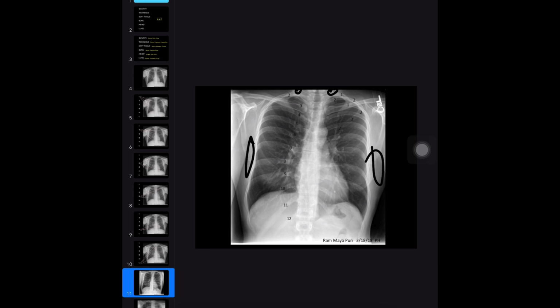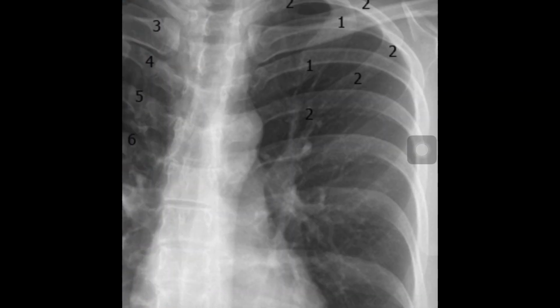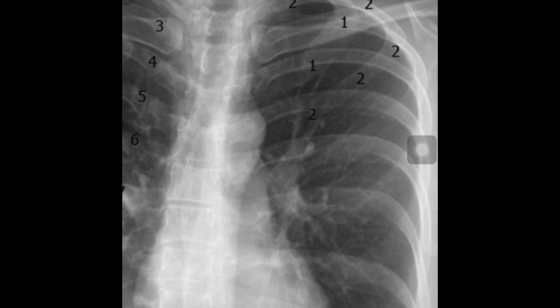After that soft tissue, we have to look for the bone. In the bone, first we have to see the spine, it looks normal. And then you have to see the clavicle, whether the head of the clavicle meets at the same place or not. And then the rib. For looking at the rib, you should not miss the first, this is the trap.